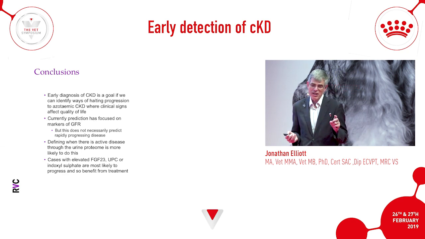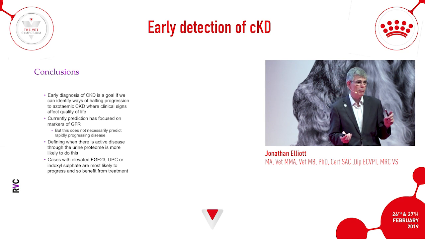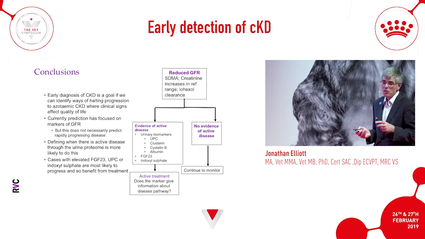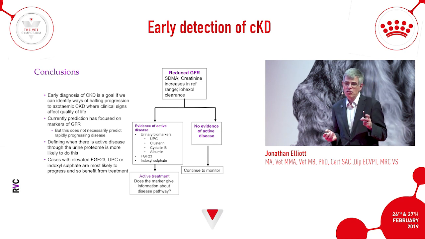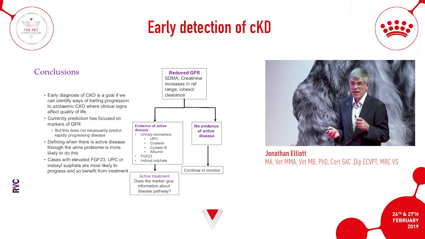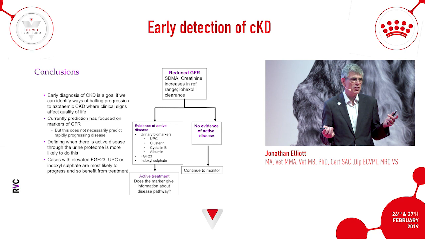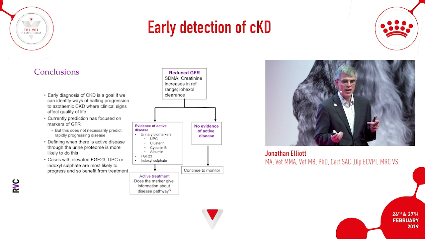And I didn't talk about indoxyl sulfate, but that's an interesting marker which I can talk to people about afterwards if you want. So just to then look at, if we have a reduced GFR indicated by serum creatinine above 1.6 or SDMA above 14, or even with our iohexol clearance, if there's no evidence of active disease, I would suggest we would just be continuing to monitor that cat.